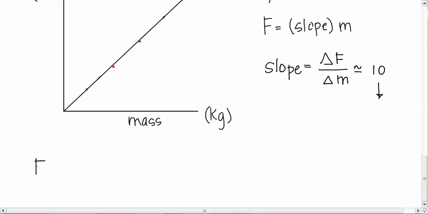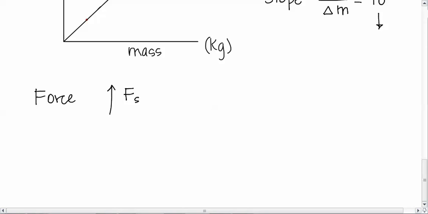So this force that was acting up on our mass, we had a spring force that was up, your hanging mass, and then a gravitational force that's down. So the spring force that you just measured was equal to about 10 times your mass, or the mass that was hanging.